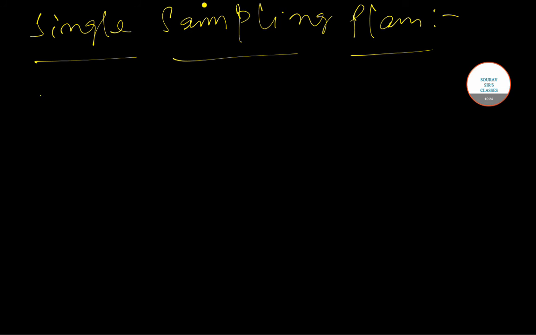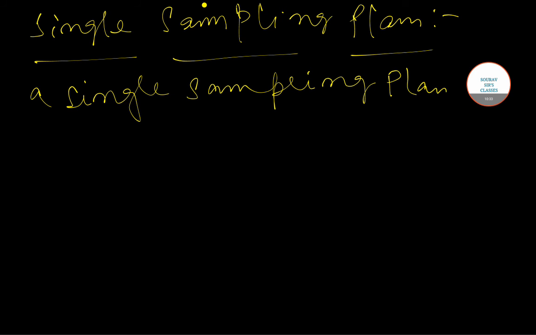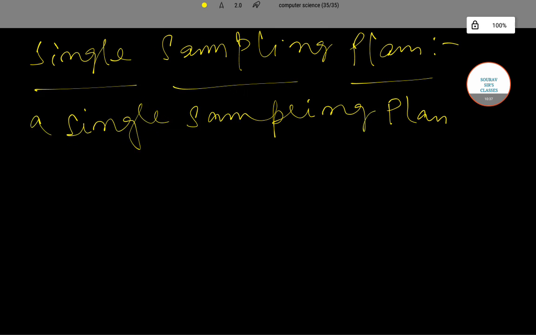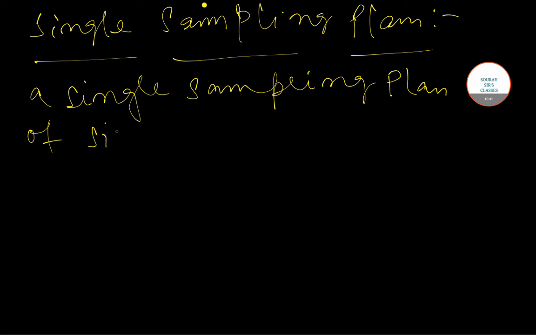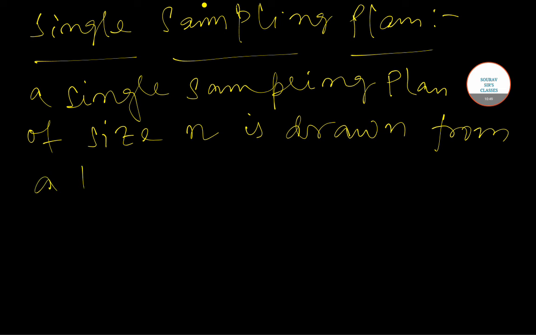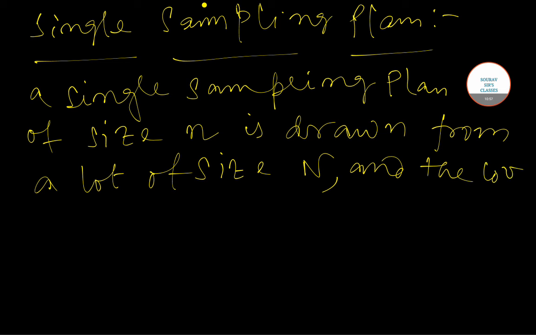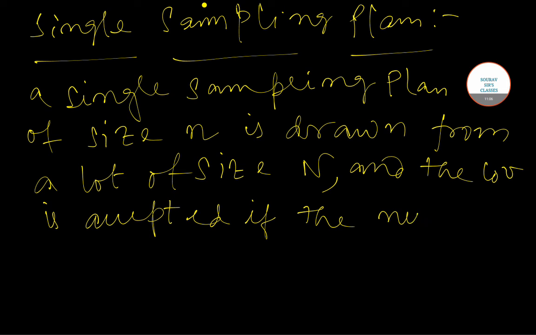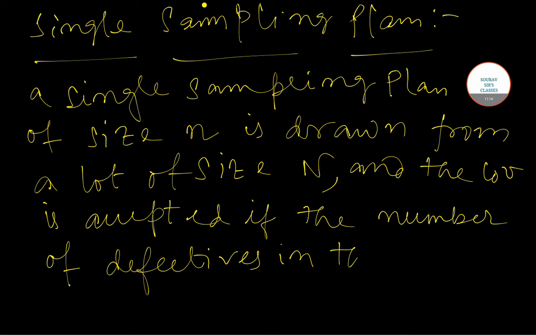A single sampling plan of size small n is drawn from a lot of size capital N, and the lot is accepted if the number of defectives in the lot is less than the specification.